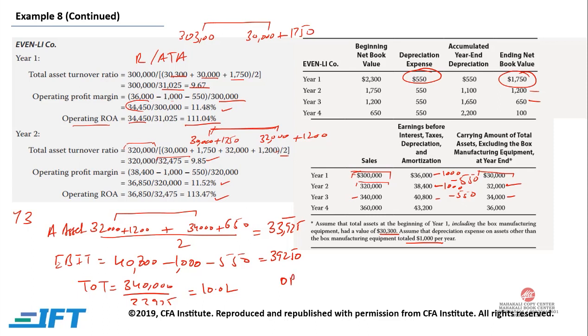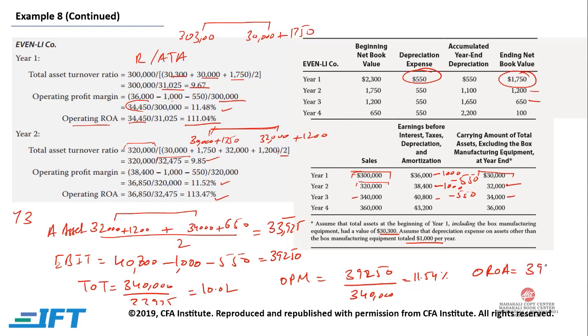Your operating profit margin would be EBIT, that is 39,250, divided by your revenue, that is 340,000. That is 11.54%. And in the end, operating return on asset.